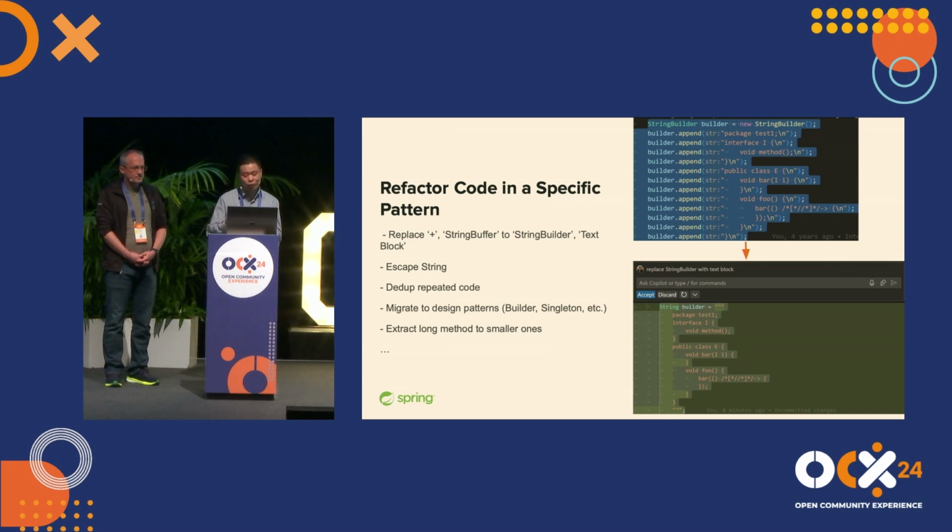All you have to do is select the code snippet you want to optimize and type a prompt like "replace string builder with text block". The AI will generate the change inside the editor, so it's very natural to visualize what change you can make to your code.